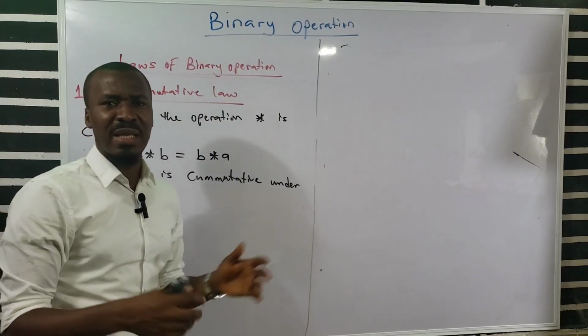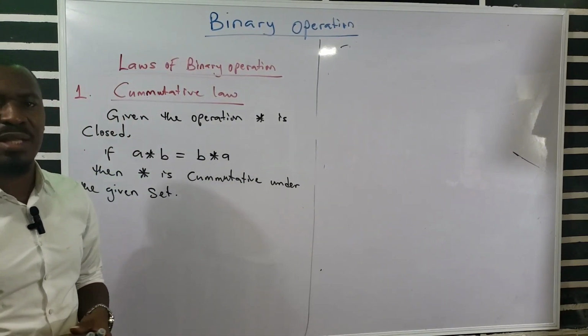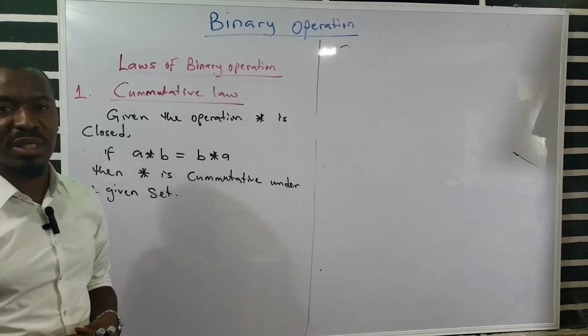Let's take some examples and see where we have the commutative property and where we don't.